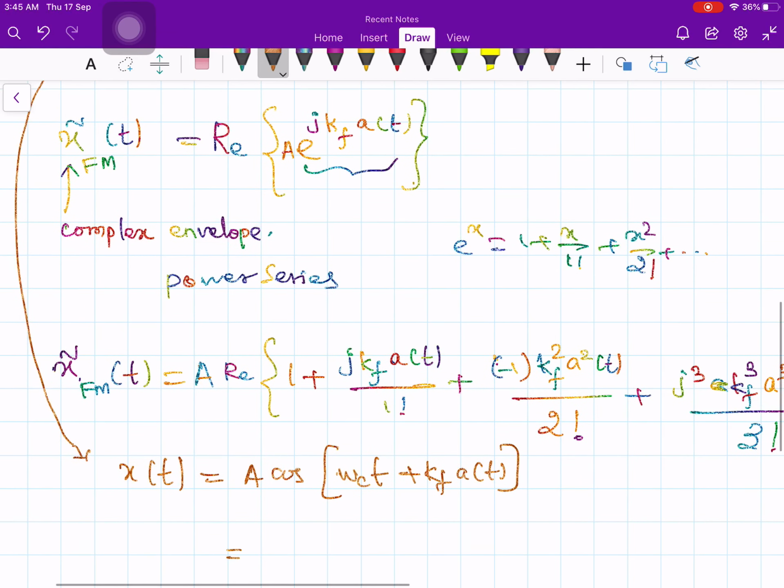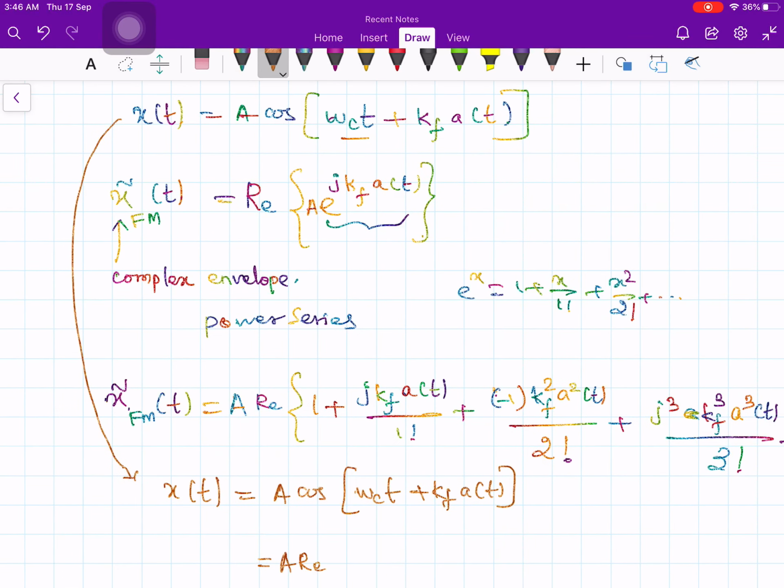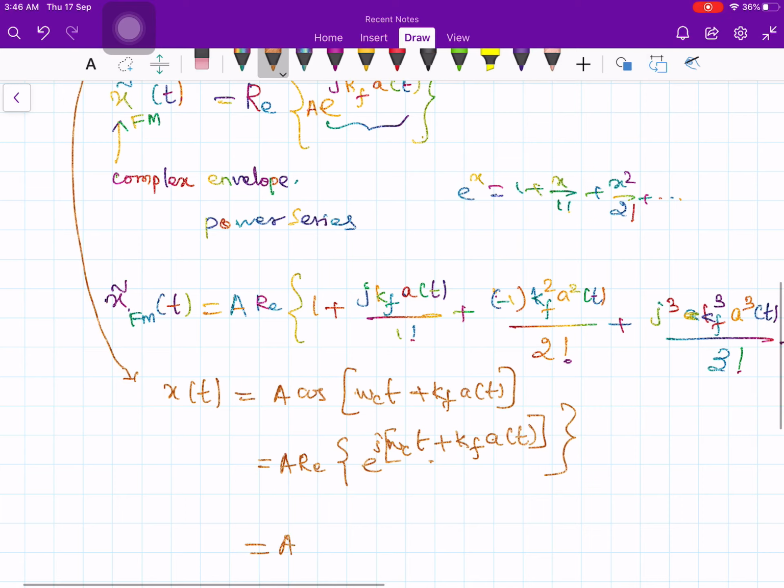This I can again write as A times the real part of e to the j omega ct times e to the j kf a of t.